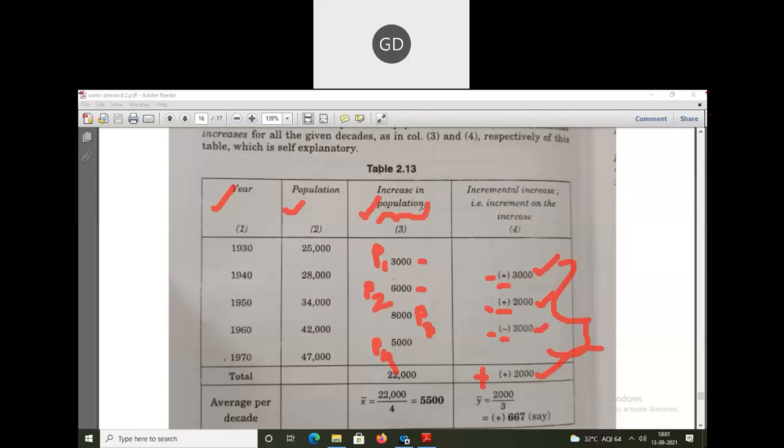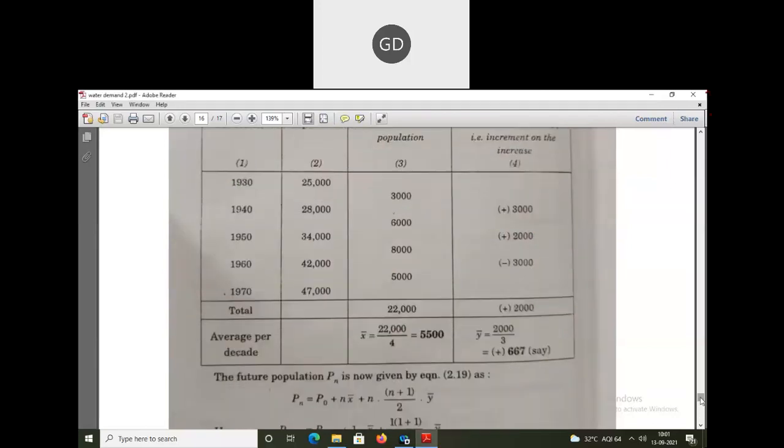After that you find the average. The average of the population is your x bar, and the incremental average of the incremental increase is your y bar. For the incremental increase, you take the average, divided by 3 since there are 3 values, and you get 667, which is a positive sign convention.